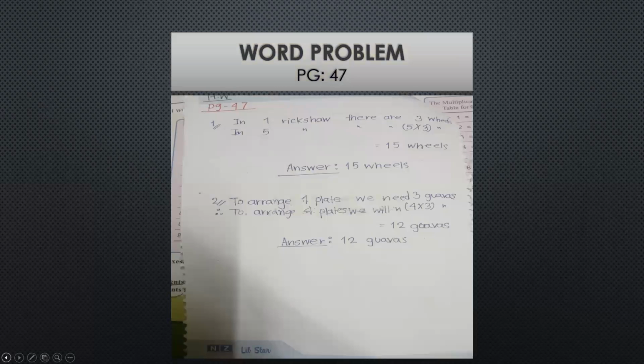Number 4, page number 47. Word problem. Please go to page number 47 and take a look. Number 1: there are 3 wheels on a rickshaw. How many wheels would there be for 5 rickshaws?